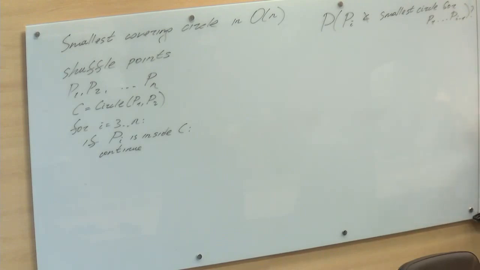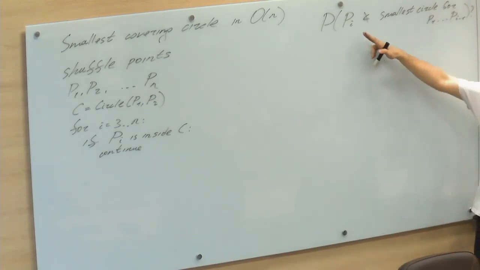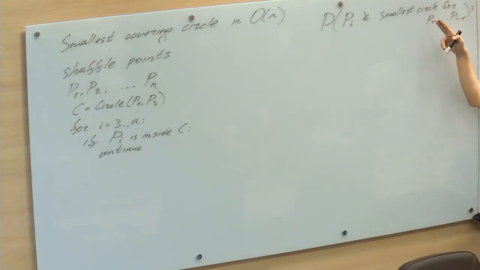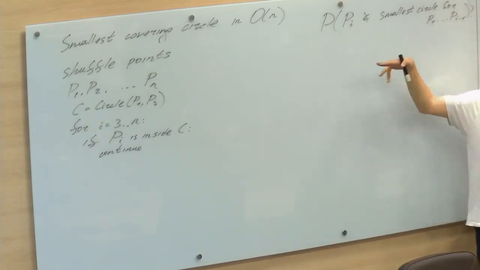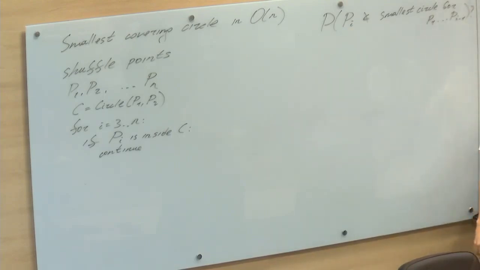Well, let's consider the smallest circle for the first i points. It must contain Pi on its border. So if Pi does not belong to the smallest circle for the first i-1 points, this means that the smallest circle that contains this point must contain this one on the border.